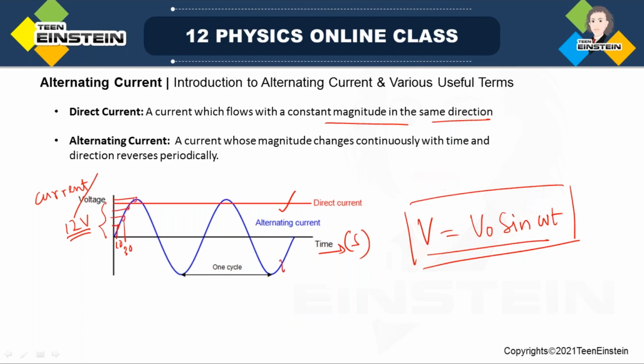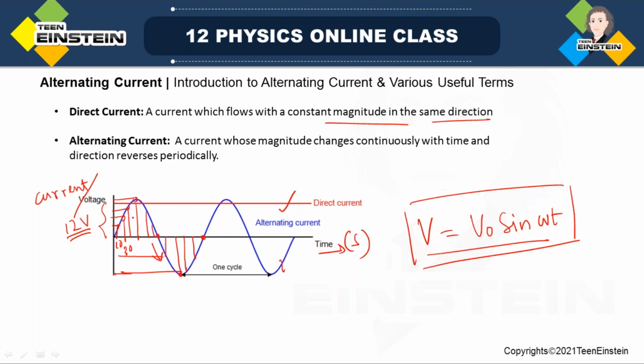At some time it reaches the maximum value, and then again it becomes 0, and then progresses in the other direction. It keeps increasing in the other direction, reaches maximum there, and again from this point, as time progresses, it decreases to 0. So this is how it changes its value from time to time.